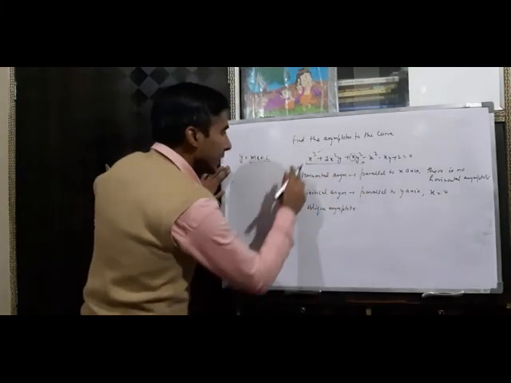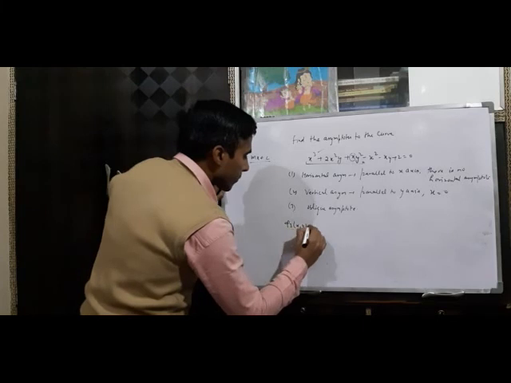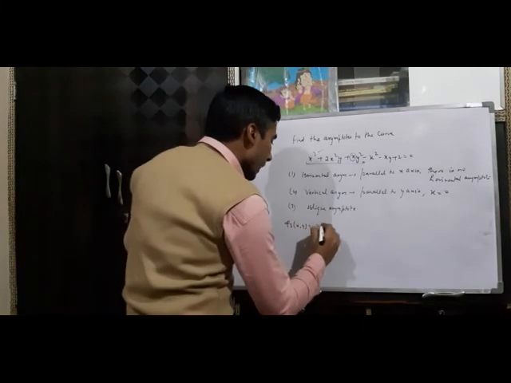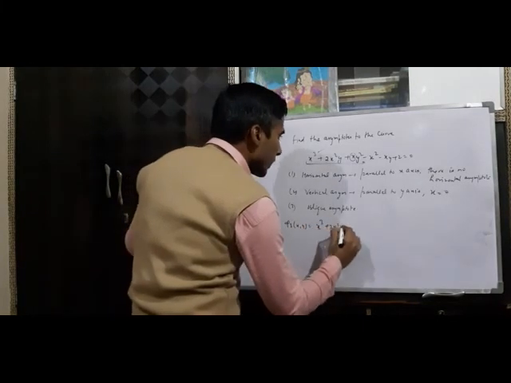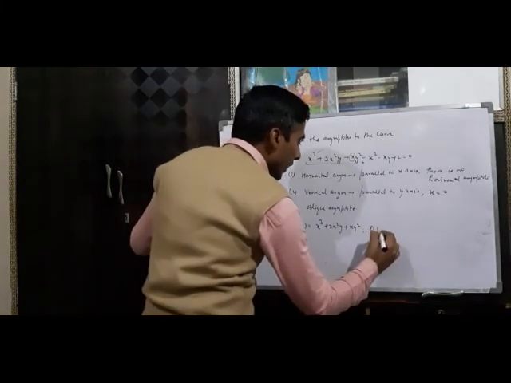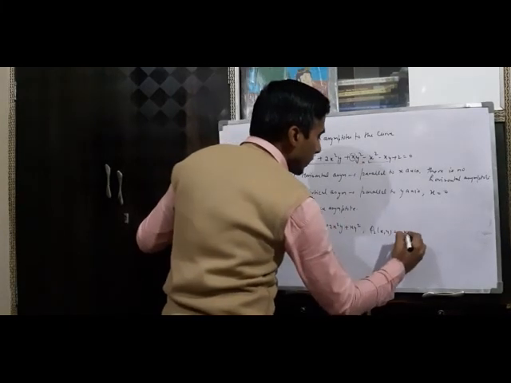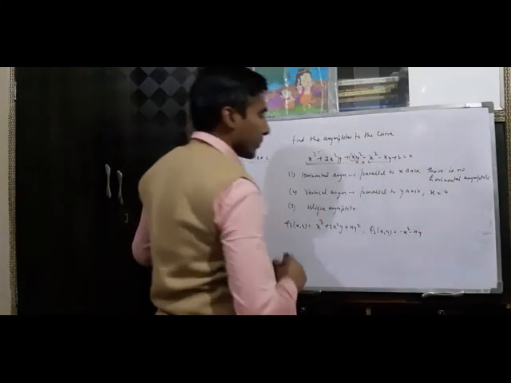So we take phi 3 of x, y, which is x cube plus 2x square y plus xy square, and phi 2 of x, y, which is minus x square minus xy.